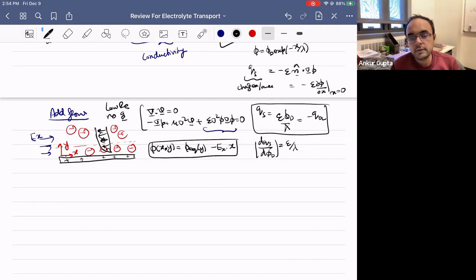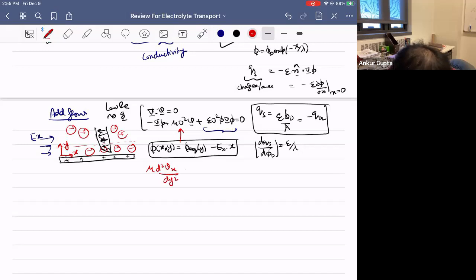And once you have this phi equilibrium of y minus Ex x, then you could easily show from this equation, with the assumptions that we had, that it basically becomes a problem.